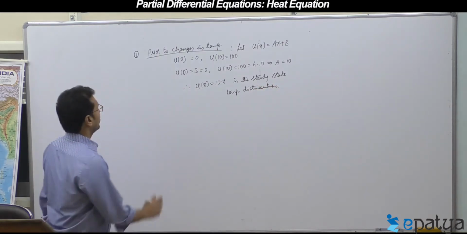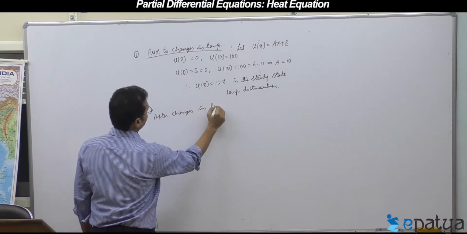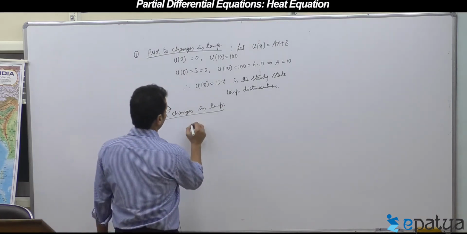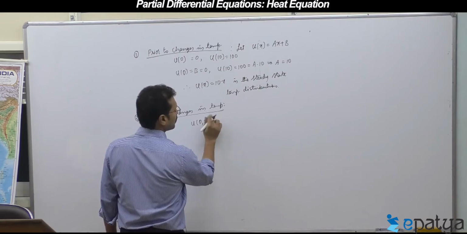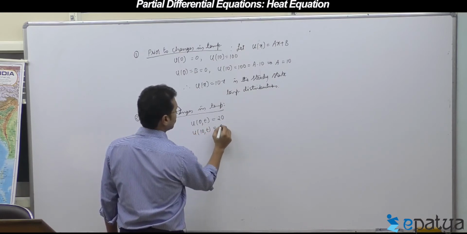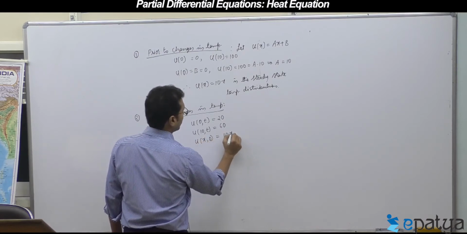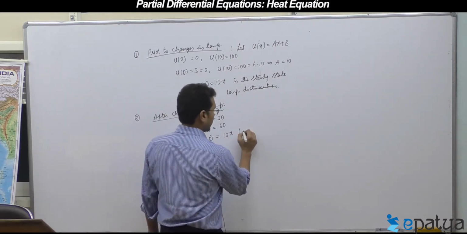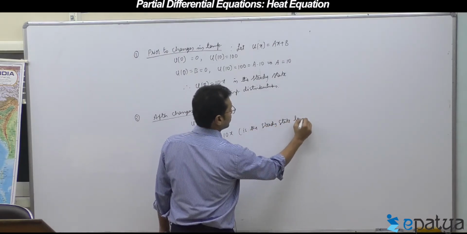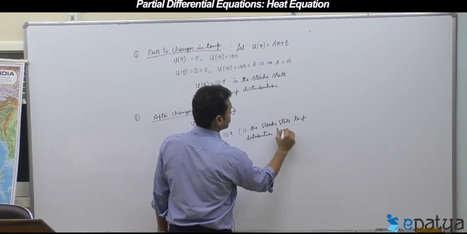Next, after changes in temperature. After changes in temperatures, u of 0 comma t equal to 20, u of 10 comma t equal to 60, and u of x comma 0 equal to 10x, which is the steady state temperature distribution prior to changes.